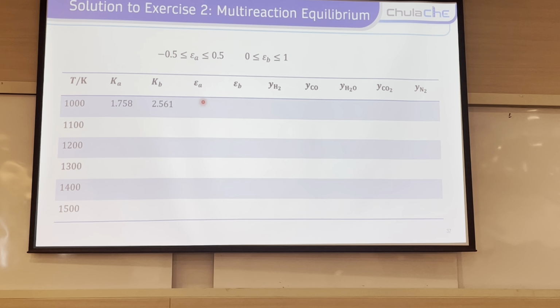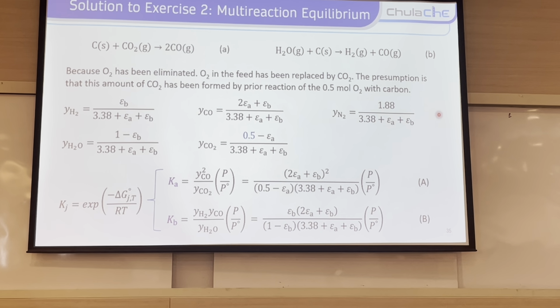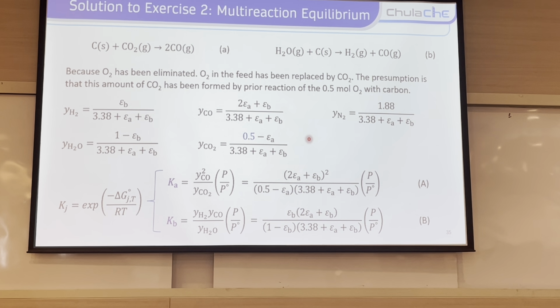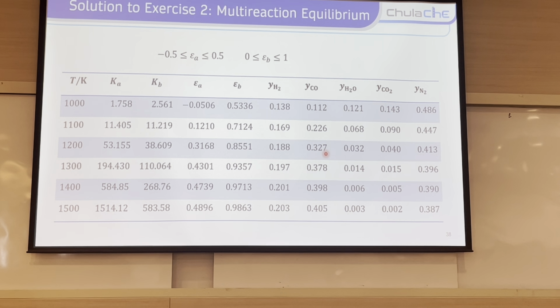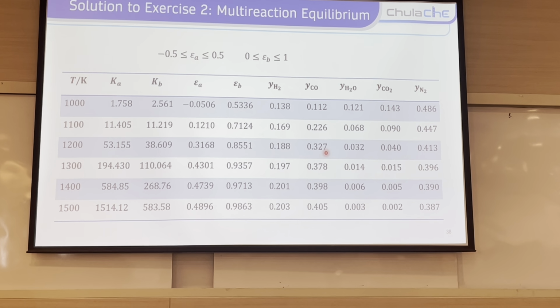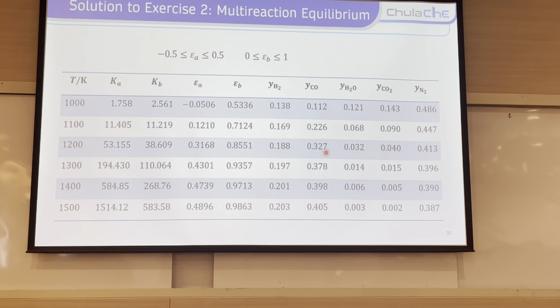When you know epsilon A and B, you can calculate the mole fraction of every species by using these 1, 2, 3, 4, 5 relationships. Okay. And in the end, this is the set of solutions that you should get when you follow the preceding procedure that we talked about so far.